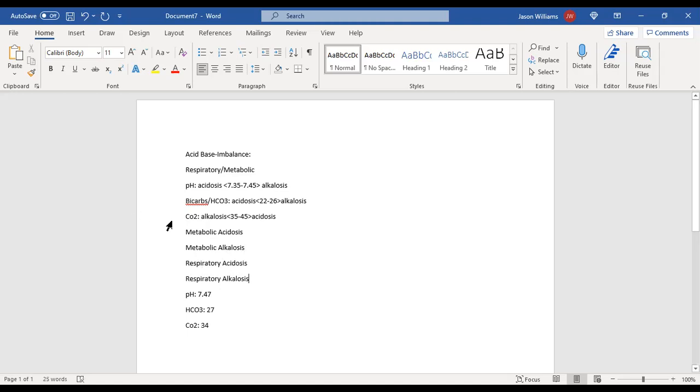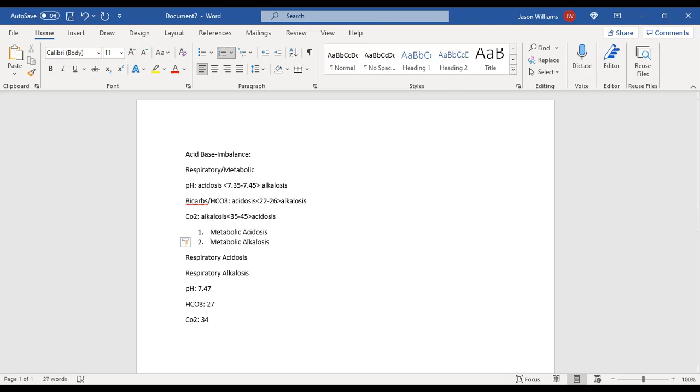That's what you want to differentiate. So there are four main acid-base imbalances.